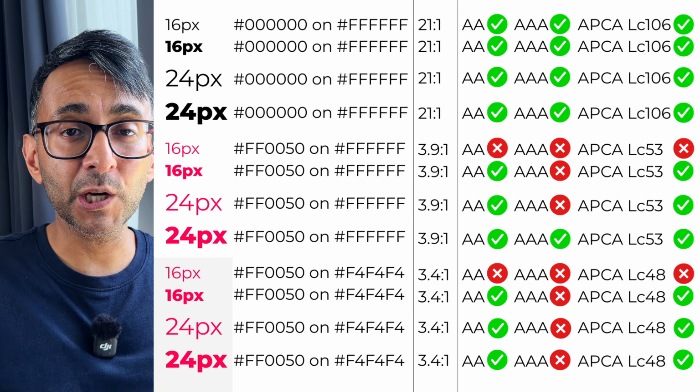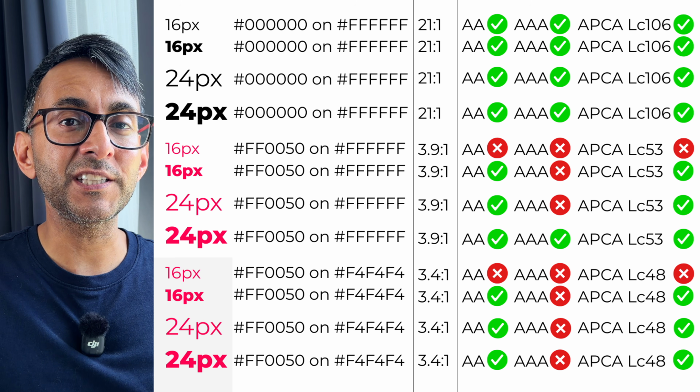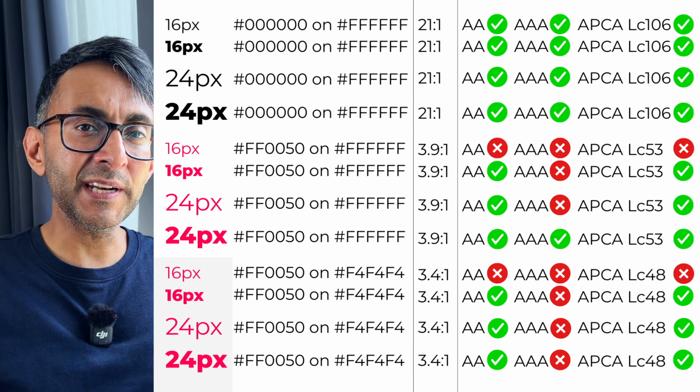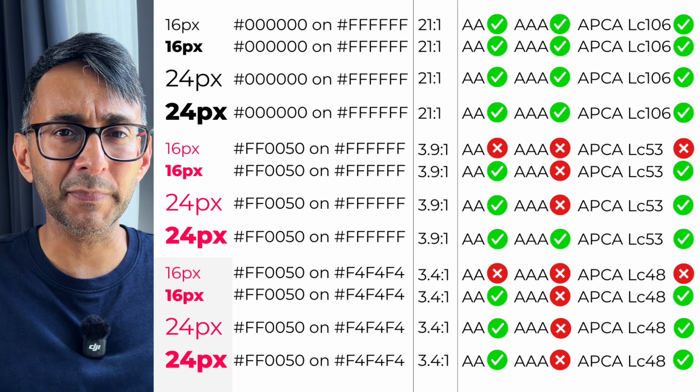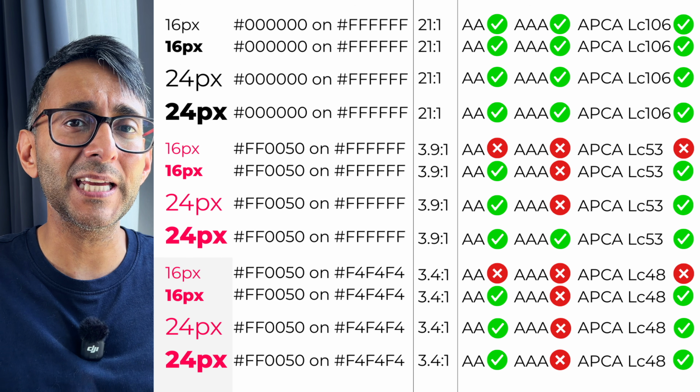Now, one important thing about APCA is that they don't have an AA and an AAA standard. It's basically just a lightness contrast score. Now, on screen, I'm showing you those same pattern combinations and what the scores are. But for anyone who's going, I've just about got used to the WCAG 2.1 AA standard, do I now have to worry about APCA?